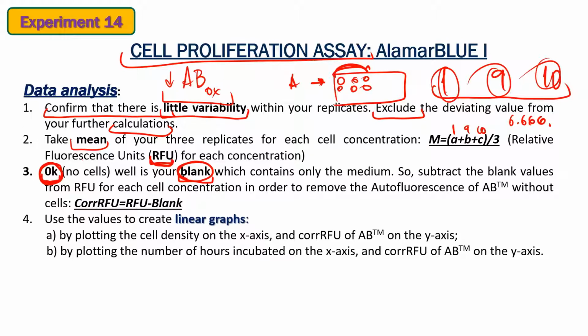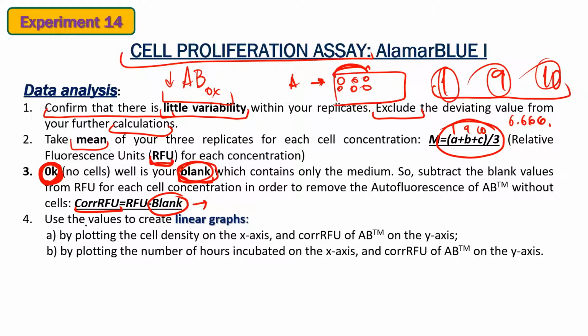So you want to remove it by using this negative control, okay? So you do the same calculations for your A row, and you call them blank. And then you correct your RFU against this blank. So you subtract the value of the blank from the RFU, and you get the corrected version.